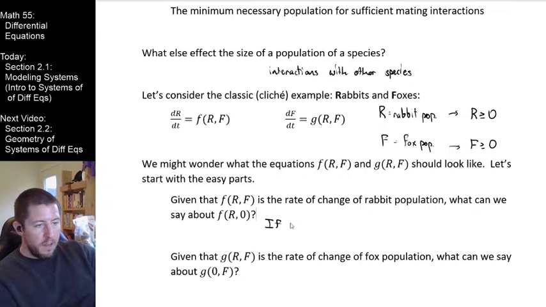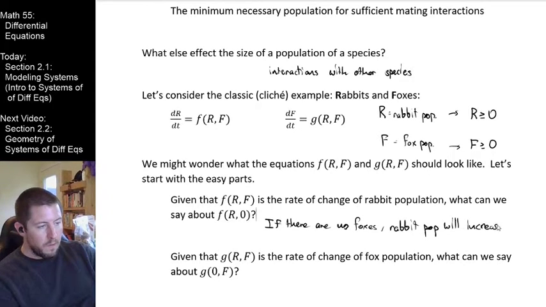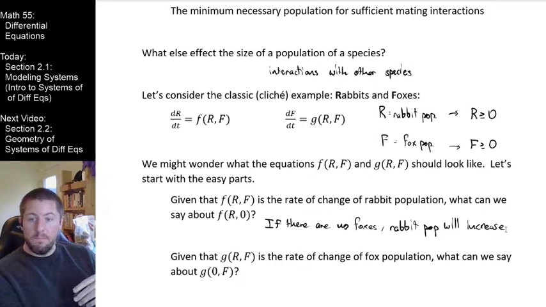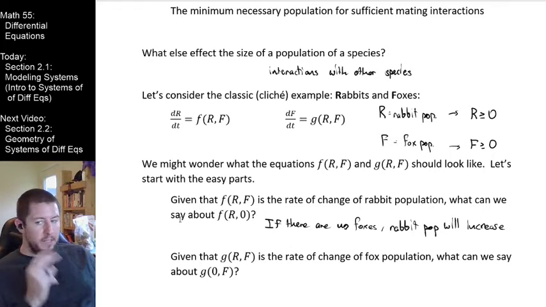So I will say here, if there are no foxes, rabbit population will increase. No predators means the prey population is going to be able to just grow because it doesn't have anything preying on it.